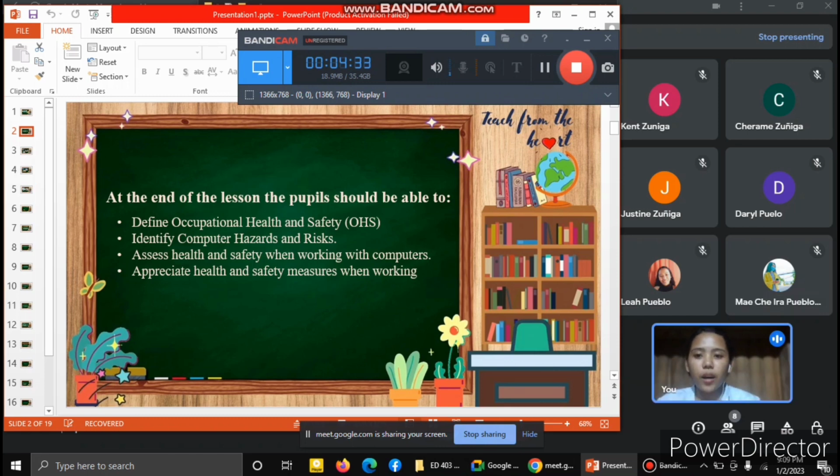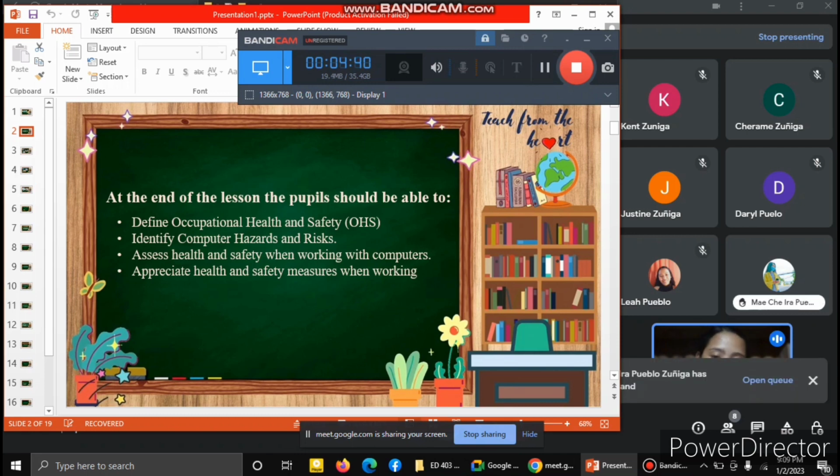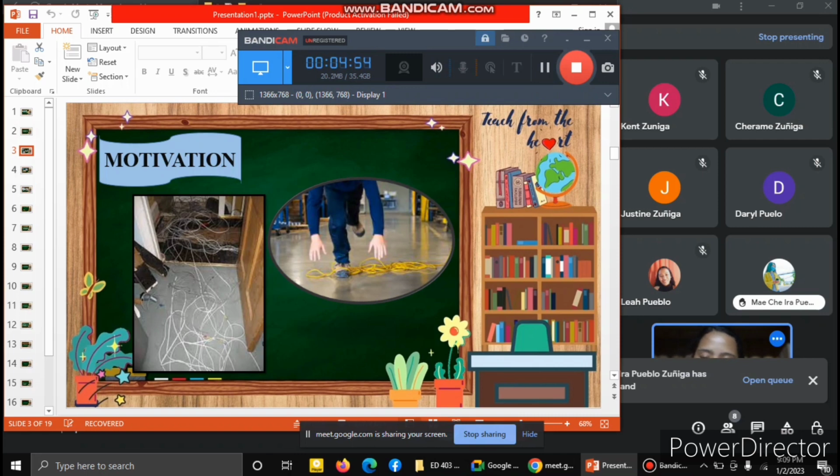Now I have some pictures that I will show for you to think of the possible situations that happen in each picture. The first picture is wires scattered along the floor.